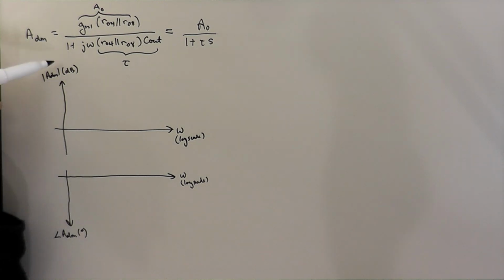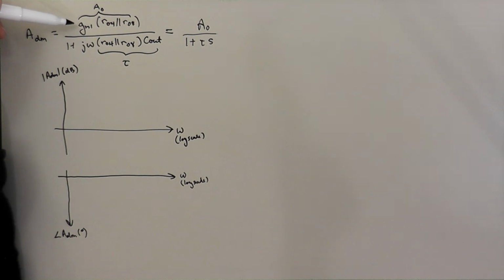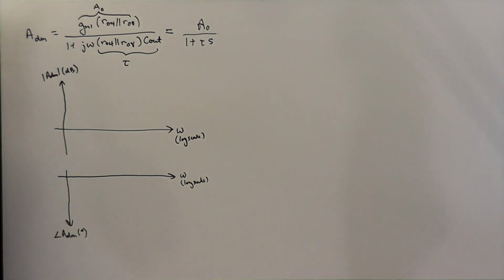And so we have here a gain that's positive, okay? GM1 times RO4 parallel RO8 is a number on the order of 100, somewhere between 100 and 1,000 maybe in moderate inversion, and maybe on the order of 60 or 80 with strong inversion biases.